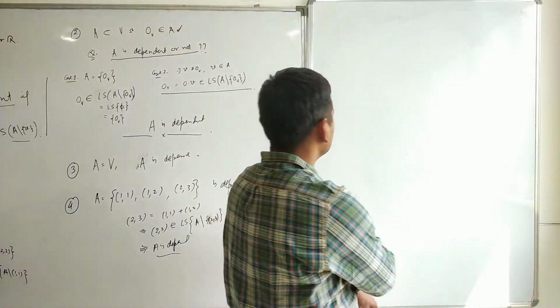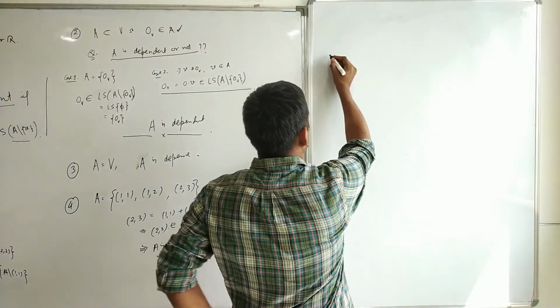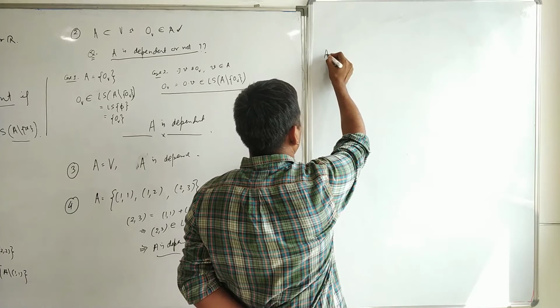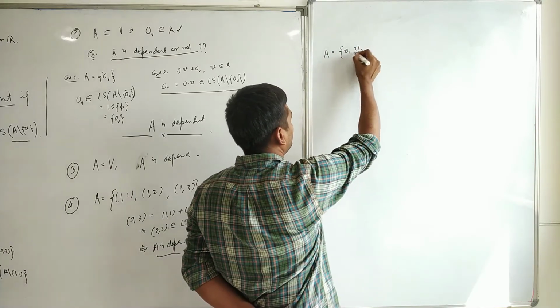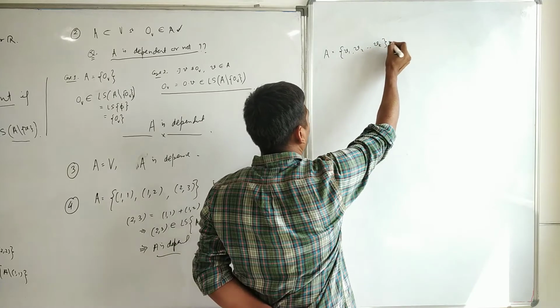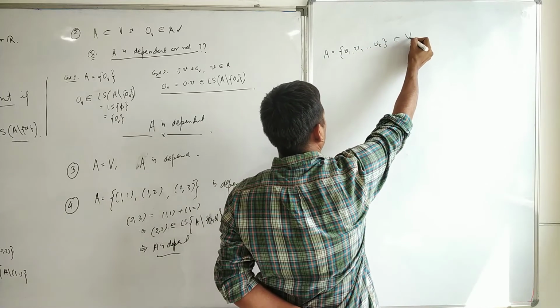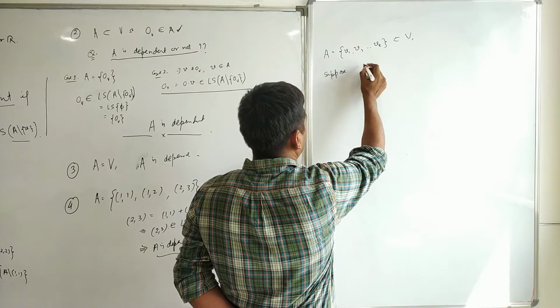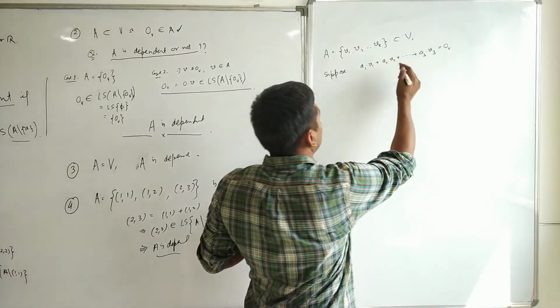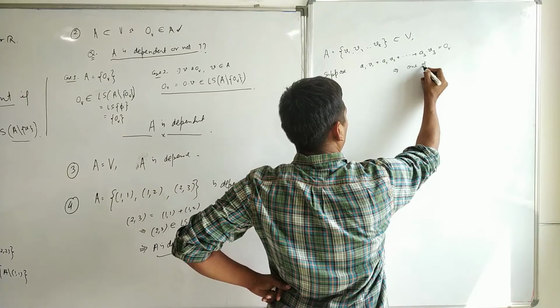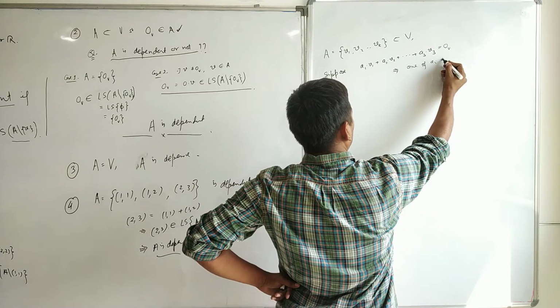Let me ask a question here. Suppose you have a set A, let me take A as a finite set {V1, V2, ..., Vk}, which is a subset of a vector space V. Suppose you have this equation. This is an equation, no? And suppose this equation implies one of the ai is not equal to 0.